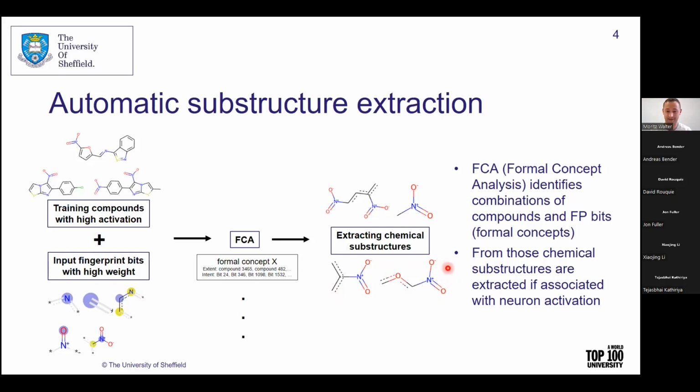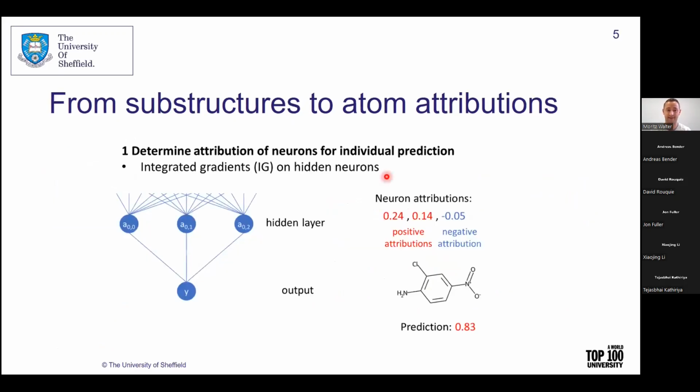So we have extracted the substructures, and then the next step of the methodology is how we can explain predictions made by the model with these substructures. The first step here is to figure out how important a given hidden neuron is for an individual prediction.